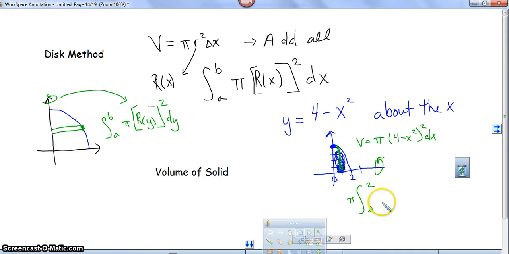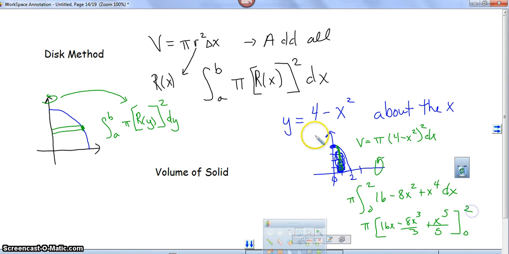If I integrate that, I probably better FOIL, so that's 16 minus 8x squared plus x to the 4th dx. And from there you can integrate: 16x minus 8x cubed over 3 plus x to the 5th over 5, and you would go from 0 to 2. And if you think about that, you can kind of visualize what type of shape that would be. Okay?